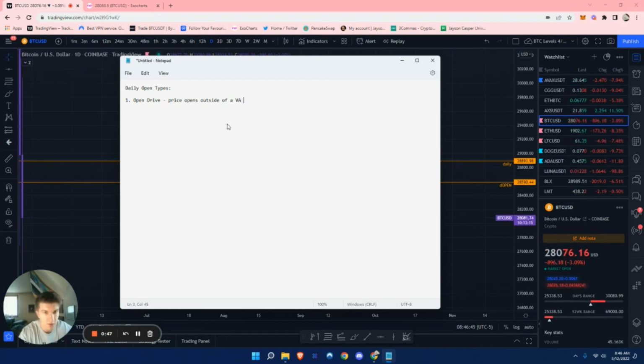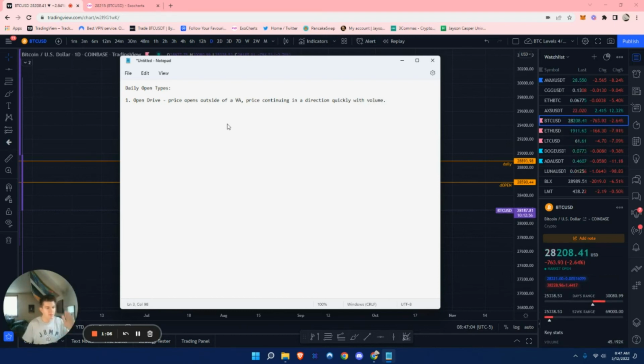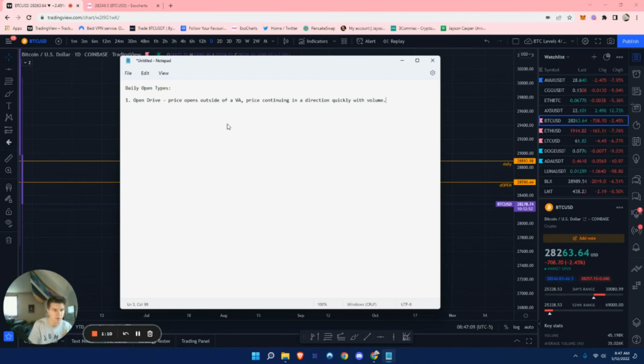With this, you want to see price continuing in a direction quickly with volume. Make sure that as price is pumping or dumping, you see a good amount of volume backing up that move.